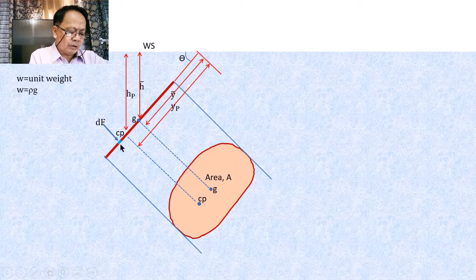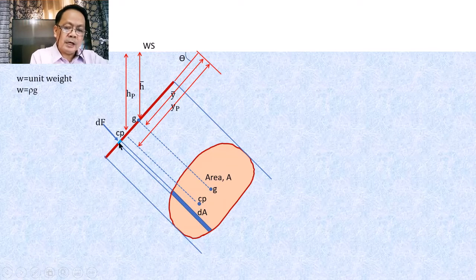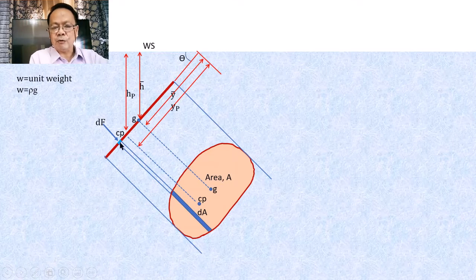Para ipakita itong ating differential area on this section of the area, so we try to project this area so that this area can be viewed here. Ito yung ating tinatawag na differential area. The differential area, dahil maliit lang siya, would have the center at this point, which actually is also at the same point where the differential area is being considered. At gaya nga ng binanggit ko kanina, this position is very, very important in the derivation of the formula.